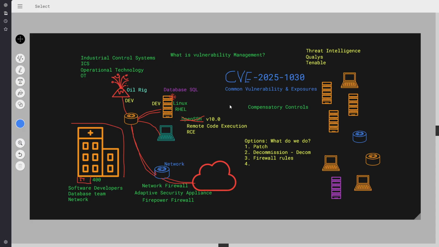Obviously, there's a lot to go through, and there's going to be a lot of vulnerabilities. There are different ways to categorize them and build a sort of hierarchy, because if you've got a series of vulnerabilities affecting your environment, you're not necessarily going to be able to deal with all of them at once.